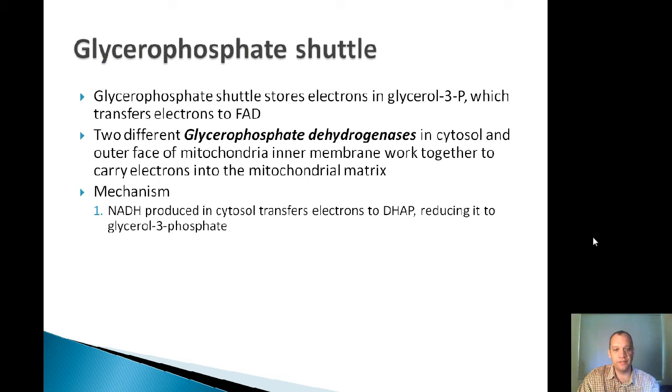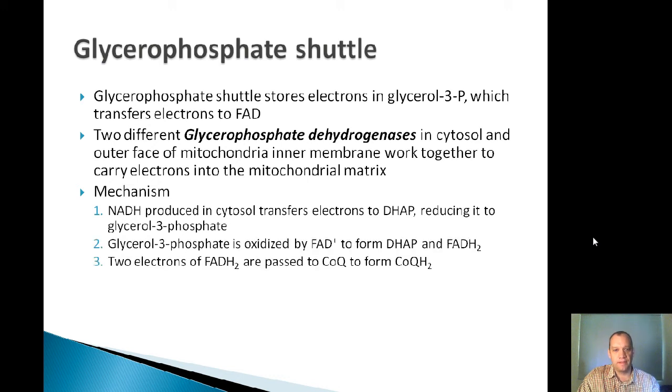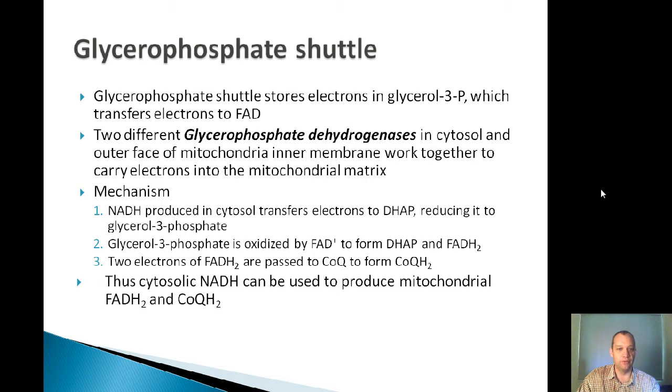The glycerol 3-phosphate is oxidized by FAD to form dihydroxyacetone phosphate and FADH2, and those two electrons on FADH2 are passed on to coenzyme Q to form reduced coenzyme Q, and just as in the rest of the electron transport chain, reduced coenzyme Q can carry electrons onto complex 3, and the rest of the electron transport chain will continue from there.